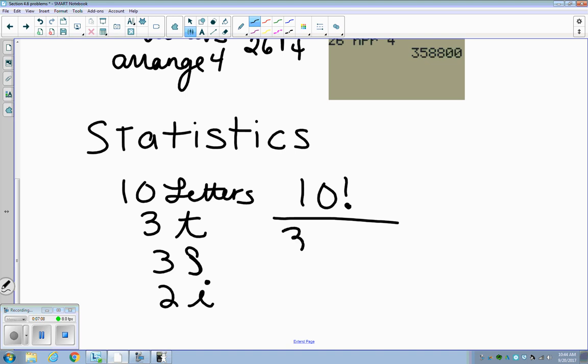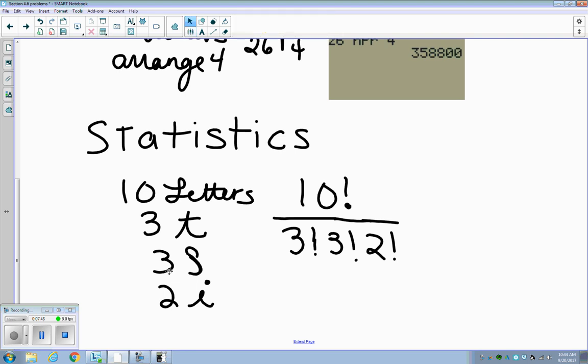So I have to put 3 factorial times 3 factorial times 2 factorial. Does the order matter? No, as long as you've got two 3s and a 2, the order of multiplication doesn't matter. Okay? So that's when I'm arranging everything that's there, but I have identical items. I need to divide by that many factorial of each of those items.